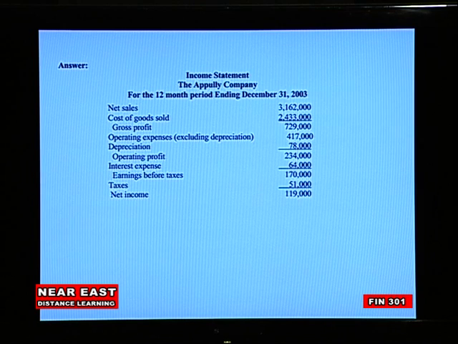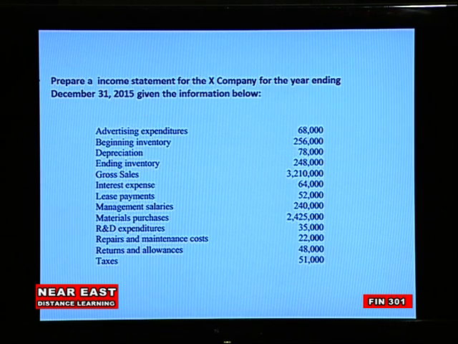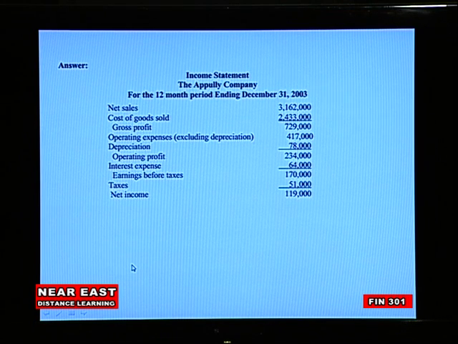After that, we subtract operating expenses. We calculate all operating expenses, management salaries, and research and development. After that, we arrive at operating profit, $234.